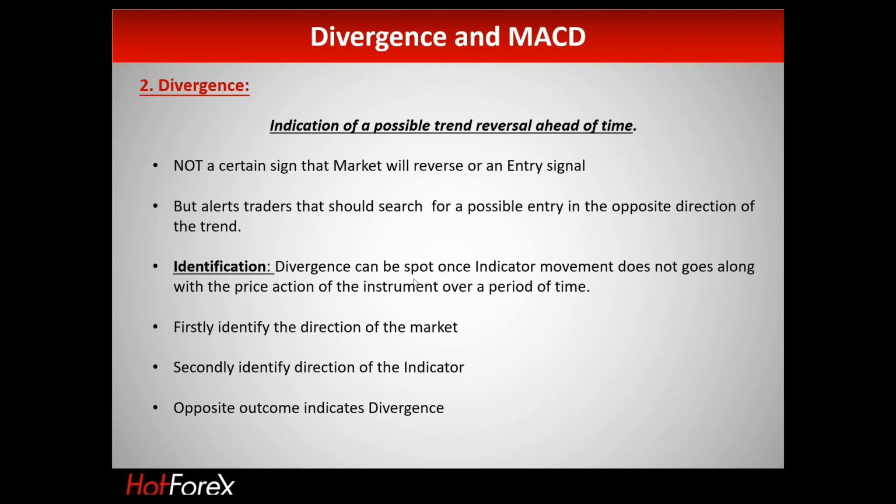So if it goes upwards, then it's going to change to downwards, or if it's going downwards, it's about to change to upwards. So it's before that happens, that's the good thing with divergence. So you will see that reversal signal before it actually happens.